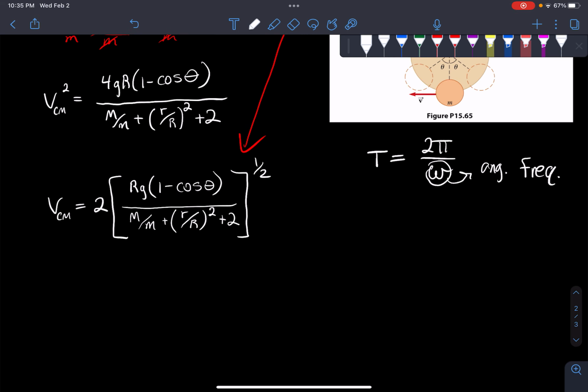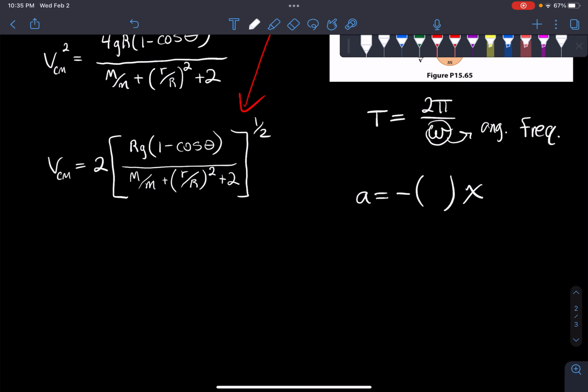If you get that the acceleration equals negative some constant times x, then this is simple harmonic motion. And you could even write acceleration as the second derivative of position with respect to time equals negative some constant times x.